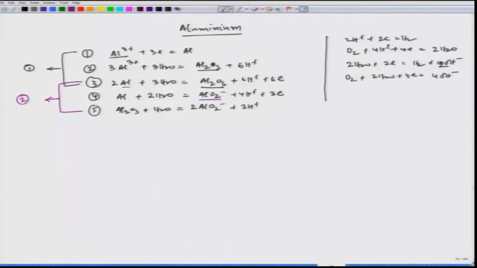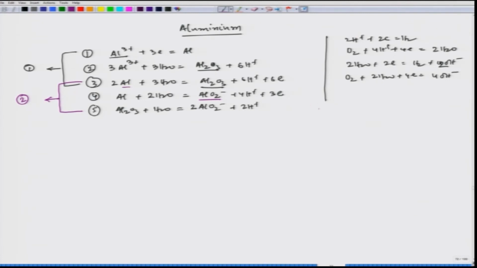That means the phase boundaries or stability diagrams of the first set involve only equilibrium between Al3+, Al and Al2O3, and the second set involves equilibrium between Al, Al2O3 and AlO2-. And then you can have those data.